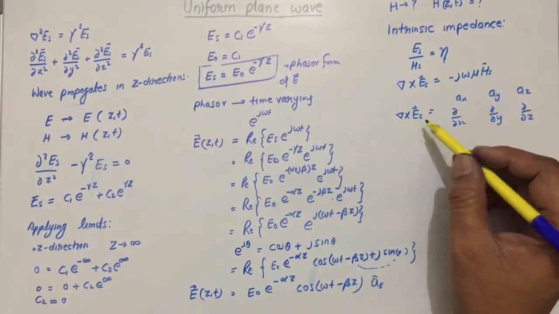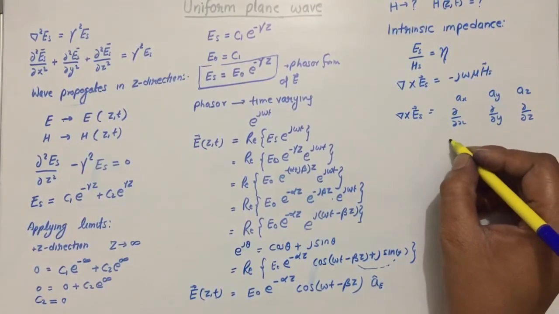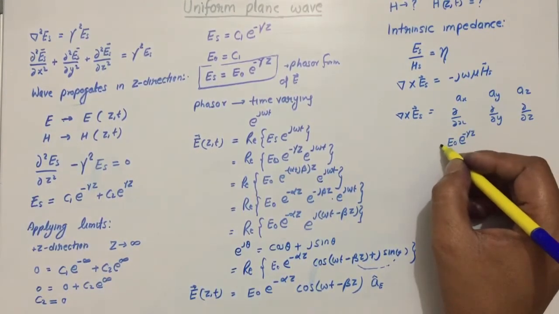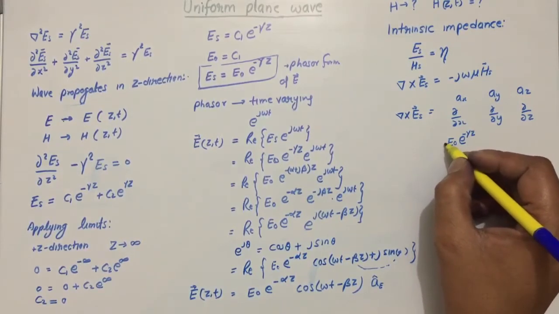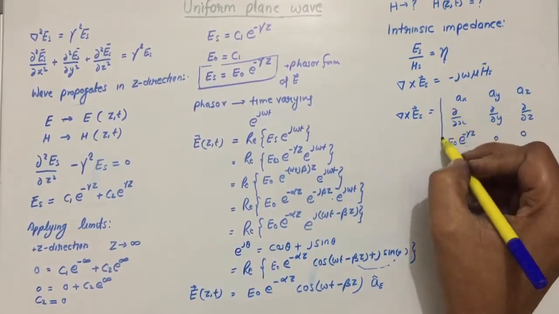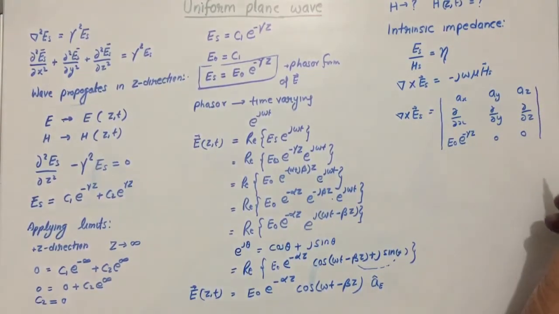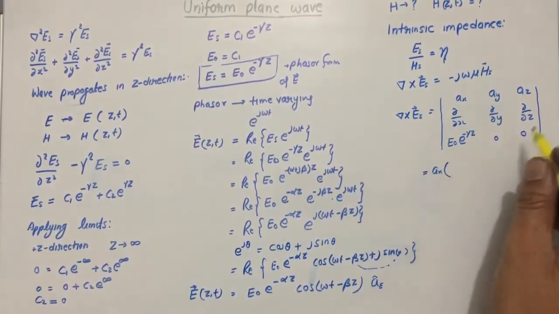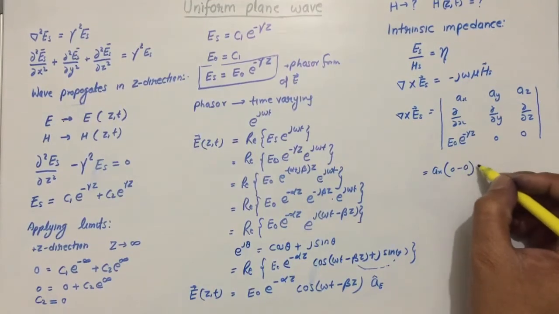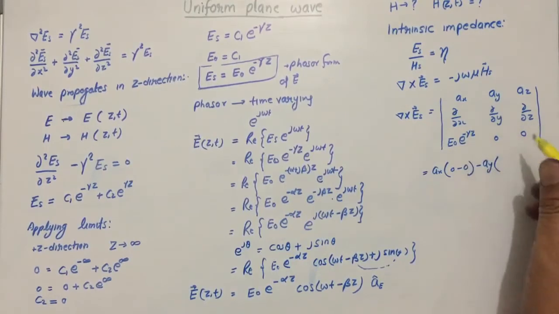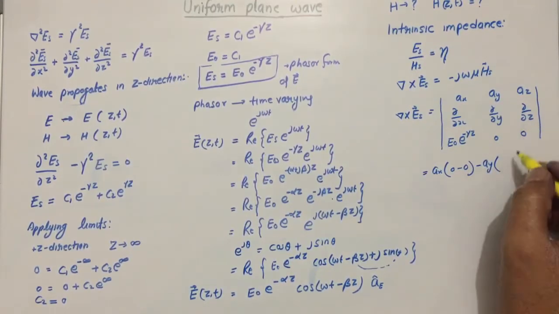As Es is in the x direction, we can say E naught e to the power minus gamma z is in the direction of a_x, and in the other two directions there is no E. Okay, we have this, and now solve this. a_x times 0 minus 0, minus a_y times the differentiation of this with respect to z.